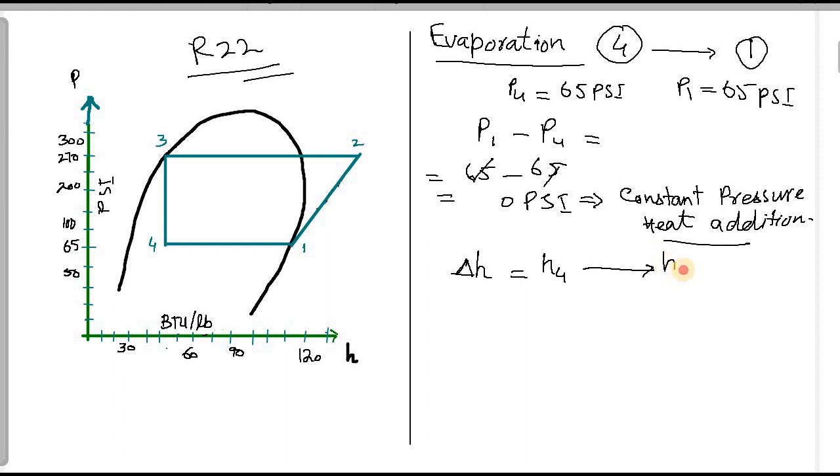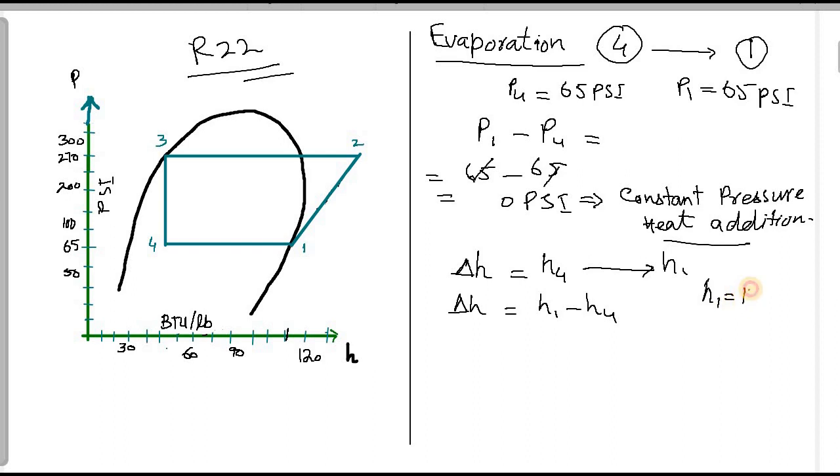If we find the total difference between H4 and H1 during this evaporation process, first we will find the value of H4 and the value of H1, and then subtract one from the other. The formula for delta H is equal to H1 minus H4. So first find the value of H1 and H4. The H1 value is here about 110.